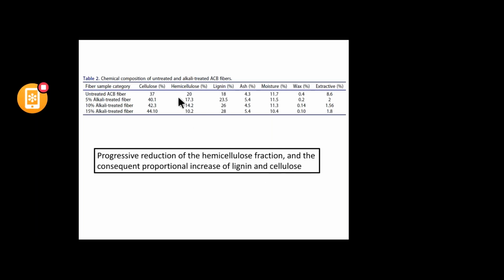You can see that when you increase the alkali treatment, 5%, 10%, 15%, the cellulose is increasing as well as the lignin. The hemicellulose is decreasing from 20 to 10.2.